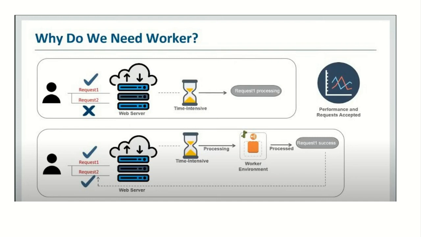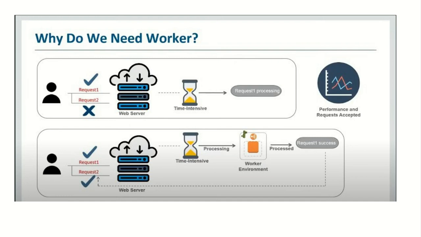Alternately, let's say a client has made a request and our web server accepts it and starts processing the request, and again it comes across tasks which take a lot of time.